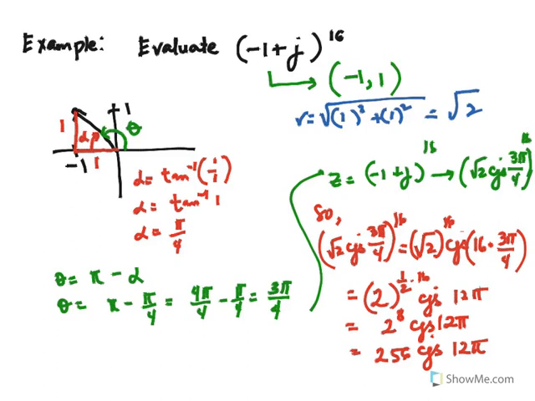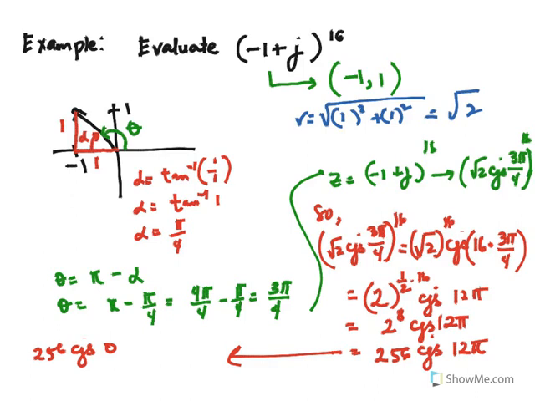Okay, so basically 256 cis 12 pi can also be written as 256 cis 0. Right? Because 12 pi is coterminal with 0. Iikot ka lang ng 6 na beses, babalik ka sa 0.